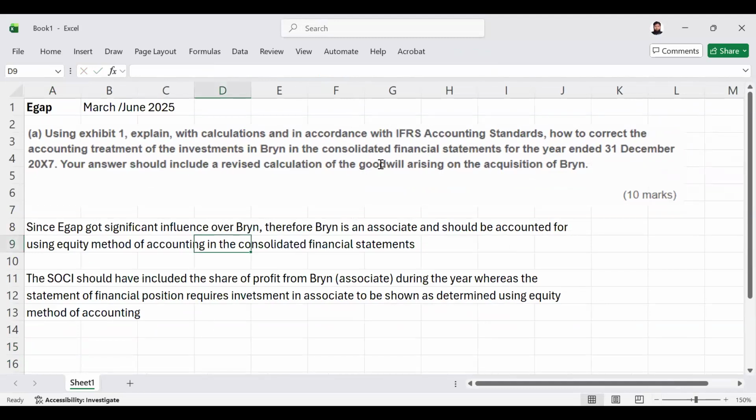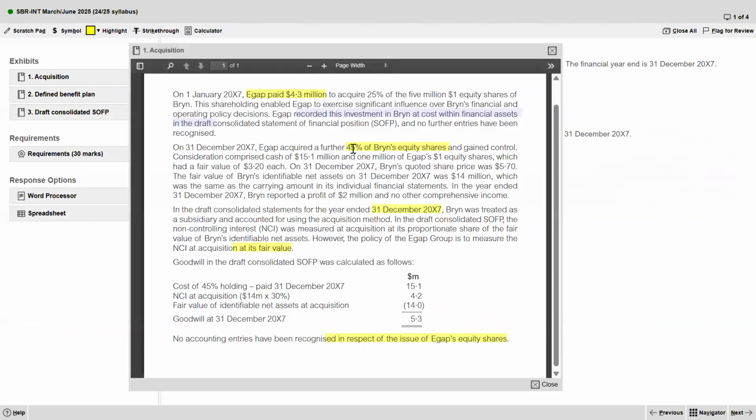Now what next is there? It says on 31st December, ICAP acquired a further 45% and gained control. Consideration comprised cash of this, and 1 million shares of this, which had this fair value.